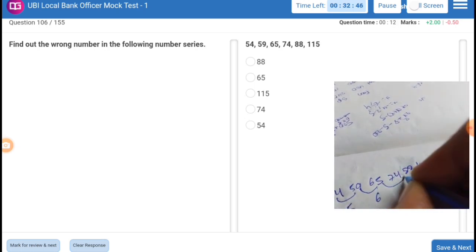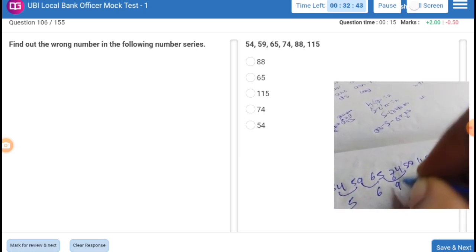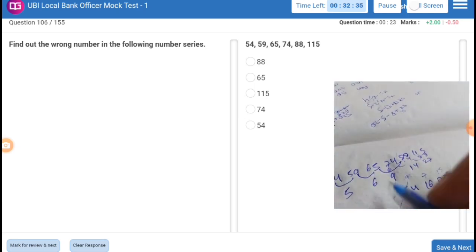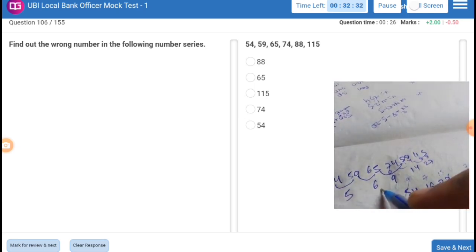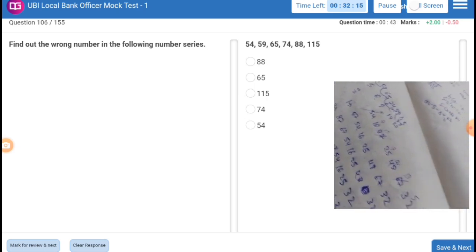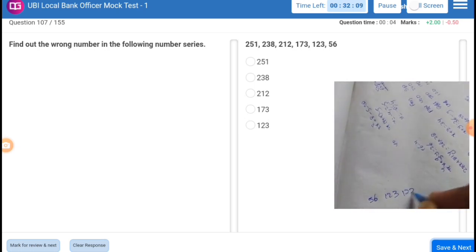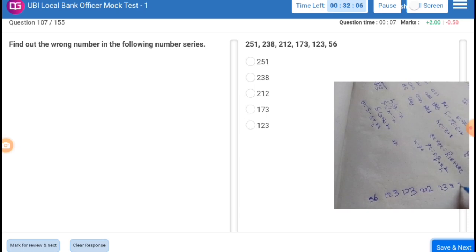Five, 6, 72, 88, 56, 123, 173, 212, 251.